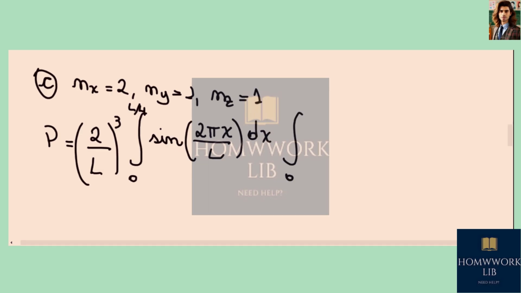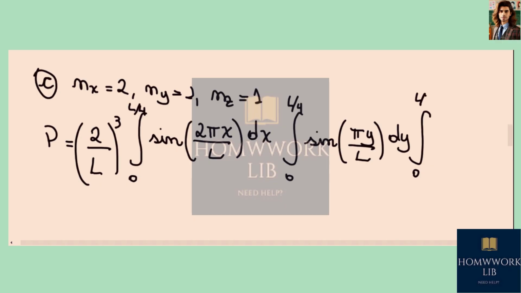So we have the integral between 0 and L over 4 of sine of pi y over L, I'm sorry, times the integral between 0 and L over 4 of sine of pi z over L.